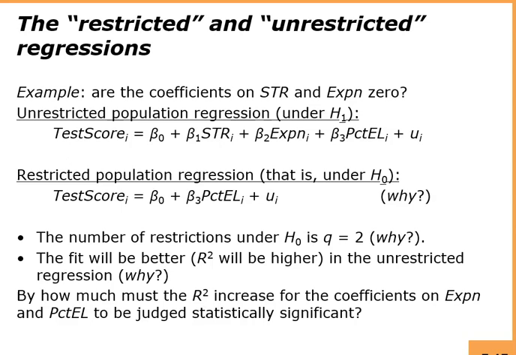But the question remains: by how much must the R square increase for the coefficients on expenditure per pupil and the percentage of English learners to be judged statistically significant?